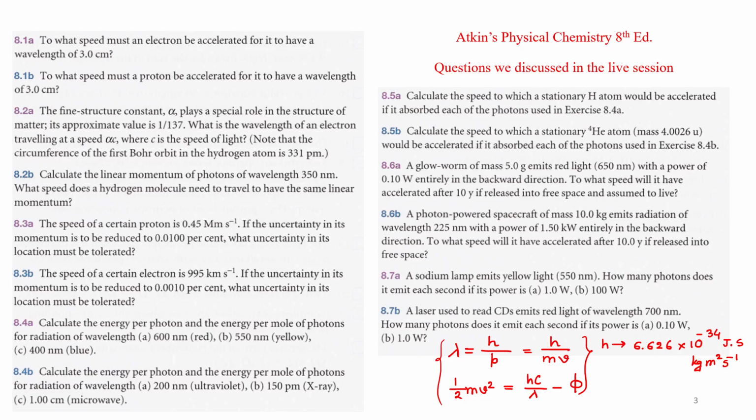So let us start. The first problem, 8.78, says that a sodium lamp emits yellow light of 550 nanometer wavelength. How many photons does it emit each second if its power is 1 watt and 100 watt? So as you can see, which equation are we going to use?